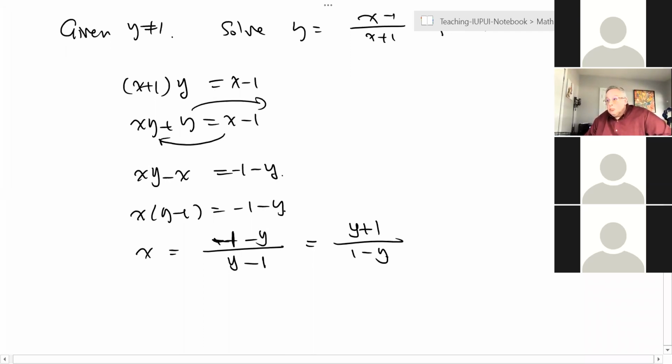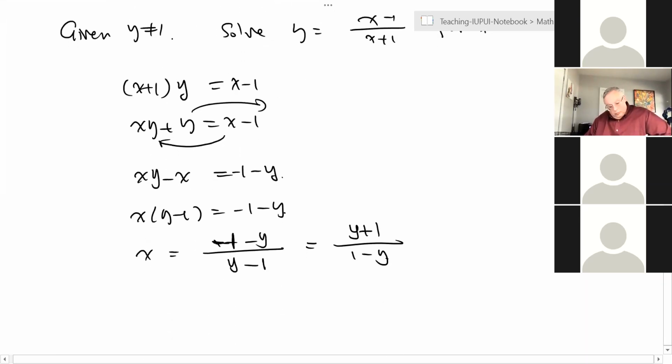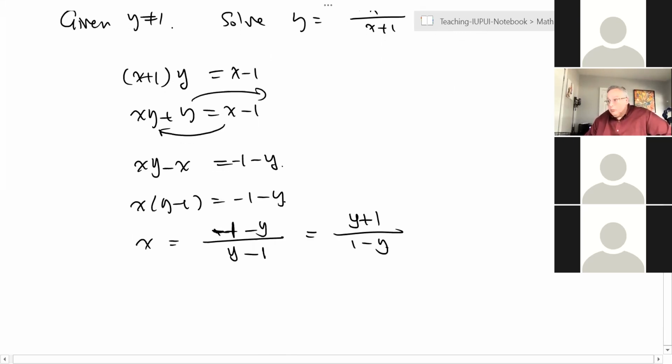All right, so that means a given value y which is not equal to 1, you can find a unique value of x so that its image is going to be y, right? So you solve this, and this is going to be denoted by f inverse.